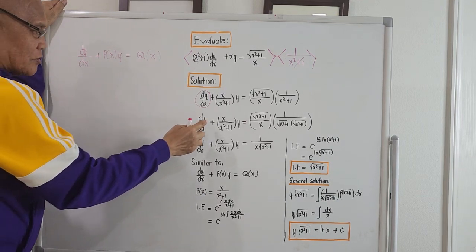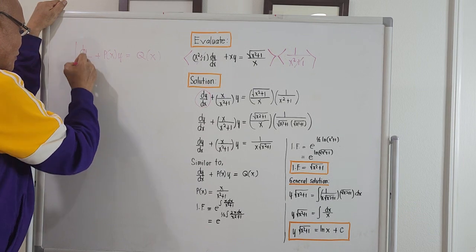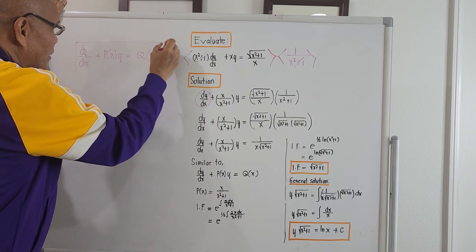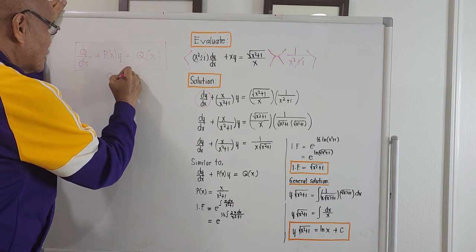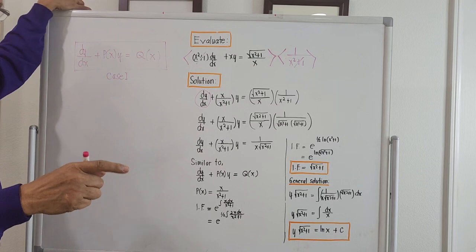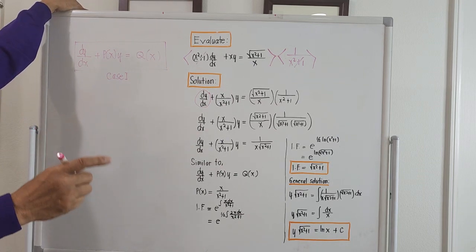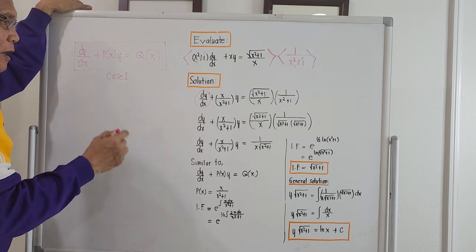I make the first term dy/dx so I could relate to this form here. This form here is actually case number 1 under the solution of a differential equation solvable by using an integrating factor. Okay, let's proceed.